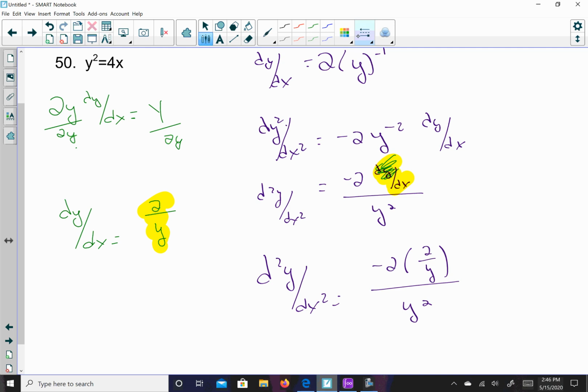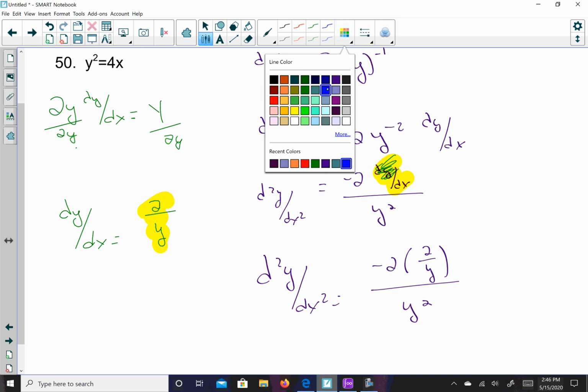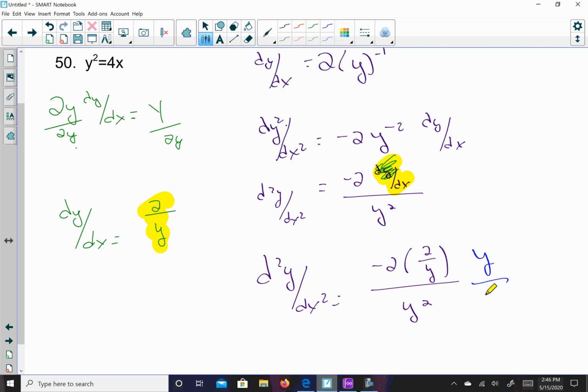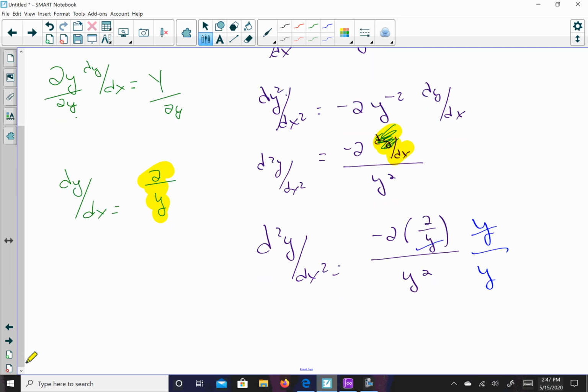Well, to get rid of that y in the denominator, I'm going to multiply this by y, which means I'll multiply this by y. Here these y's will simplify. And so I am going to have negative 2, oh, sorry, negative 4 over y to the third. And that's my second derivative.